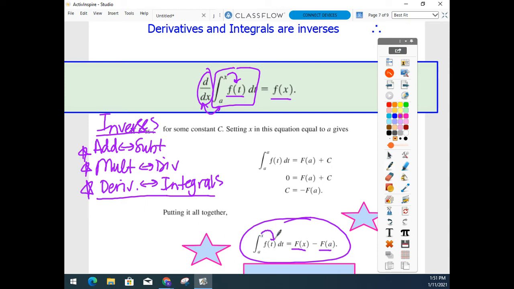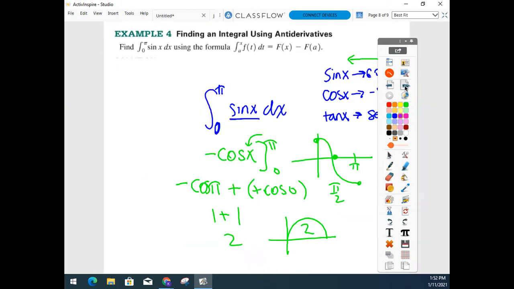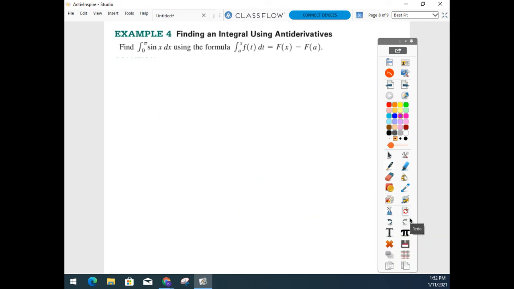But I just plug x into the antiderivative, I plug a into the antiderivative, and I just do the top minus the bottom. And that's how we're going to start finding the antiderivative and evaluating integrals all on our own.